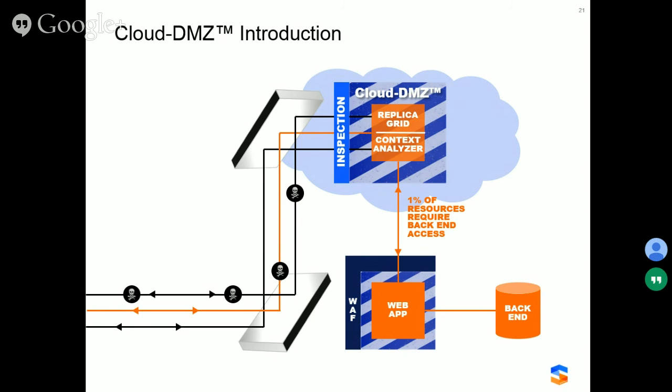We will map all those PCI transactions and move those very specific ones, which as you can see here will be only 1% of your data, to a very specific web app, which will be the PCI environment. All the rest of the requests will be served from the cloud or even from other backend environments.